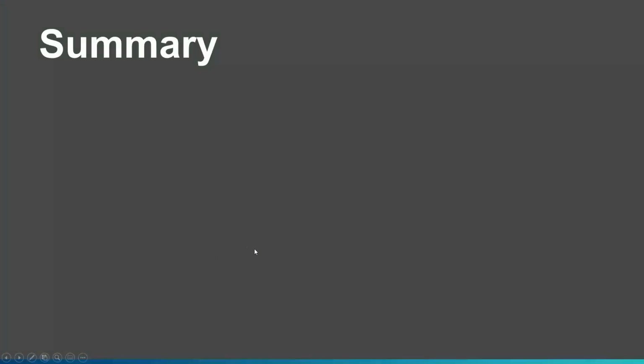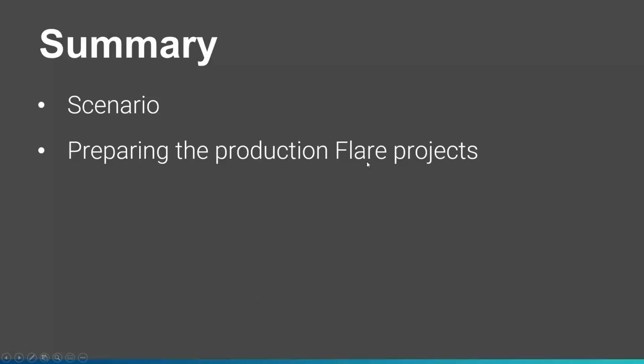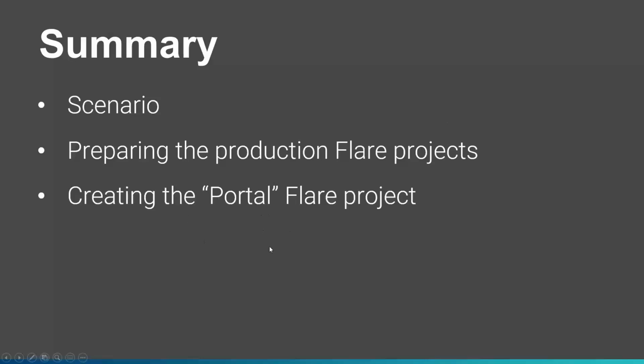All right, so to summarize, for those who can't stick around, we set up the scenario. 2 different teams, 2 different Flare projects. We wanted to combine them into one common portal. We had to prepare the production projects by changing the naming conventions, and I should have changed the name of the targets, but I didn't.